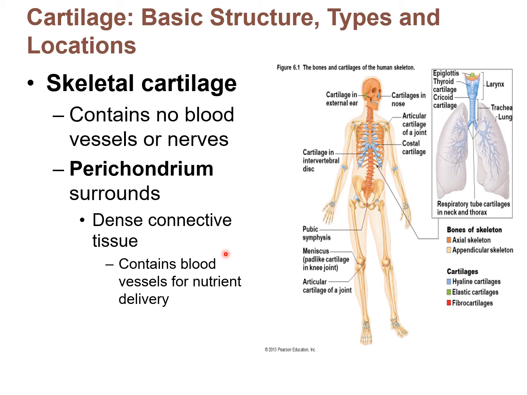Since the perichondrium has blood vessels, the nutrients within it can diffuse into the cartilage. But the cartilages located between our bones, within our joints, are not surrounded by a layer of perichondrium.